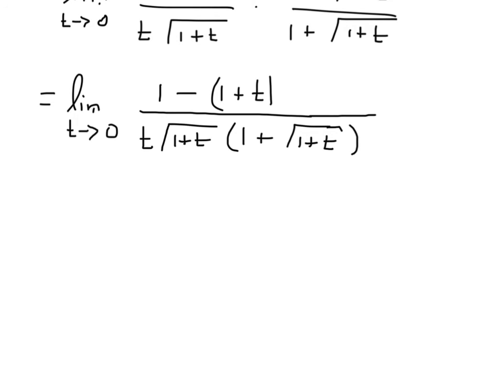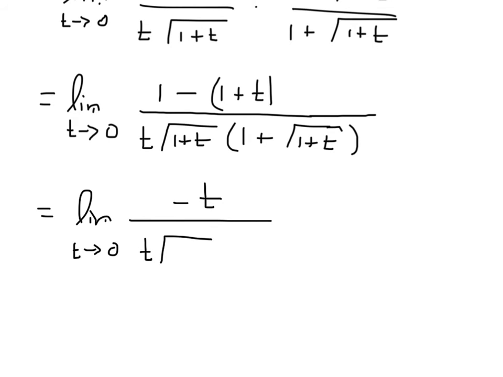So let's write that out. This is equal to the limit as t tends to 0 minus t over t root 1 plus t, all times 1 plus root 1 plus t. And now this is great, because remember, our problem with this limit was that in the denominator at 0, we had 0, and the reason for that was because we had this t here.